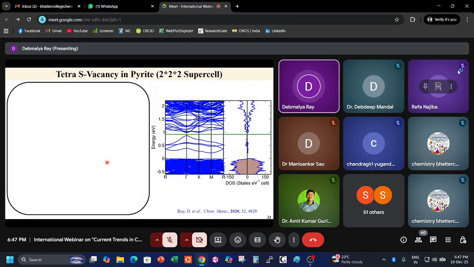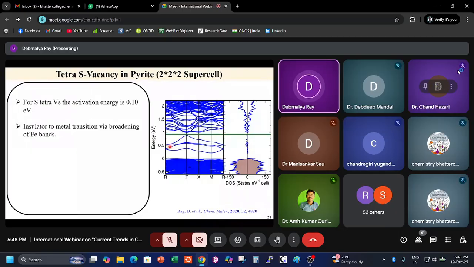Now, as I said, for the tetra vacancy, for the first time, we noticed there is a result dependence in our calculation as a function of the supercell size. We found that when we have a smaller supercell, like 2x2x2, the defect concentration is much higher. For that case, we see this occupied defect state broadens, and now the gap between the conduction band and this occupied defect state is only 0.1 eV.